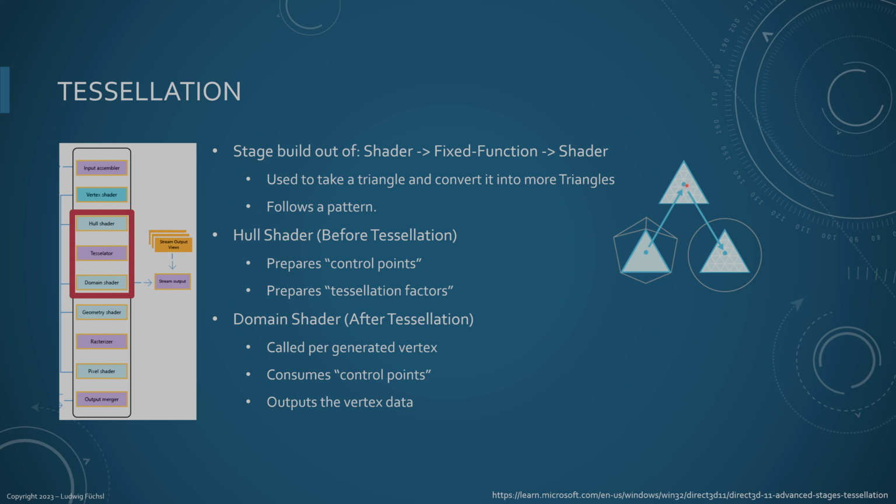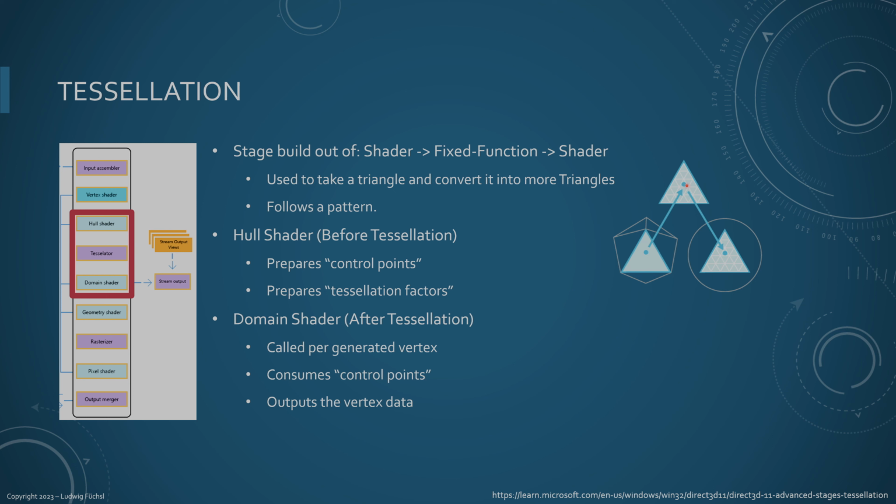So you get the 3 input vertices of the triangle, and then you are generating the control points. In the hull shader, you're generating the tessellation factor, and then every vertex that is produced by the tessellator itself is then processed by the domain shader, which has access to the actual newly generated vertex and the control point that has maybe been transformed, but in general it's more like a one-to-one copy from the input.